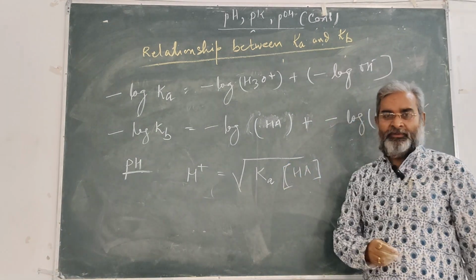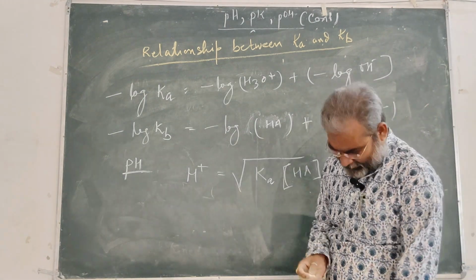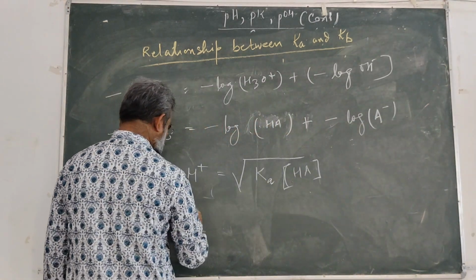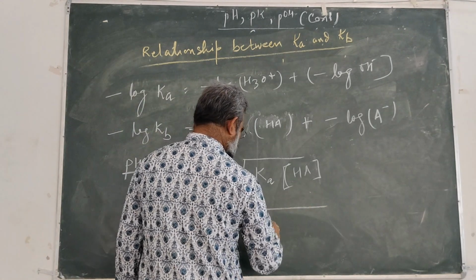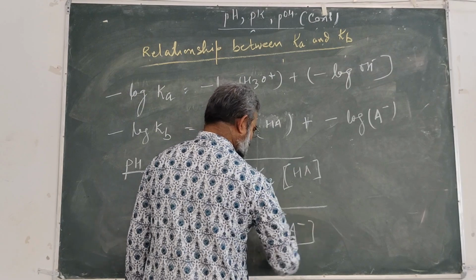Second, OH minus, that is basic, equals root under Kb times the molar value of A minus.